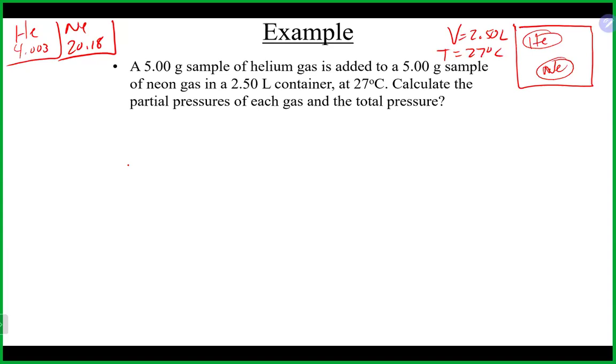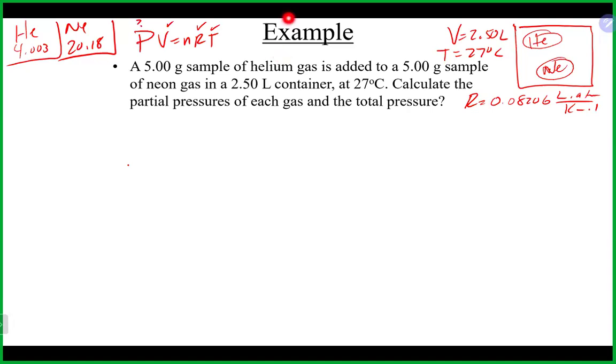So as I mentioned before, probably the most common way to get partial pressures is just to use the ideal gas law. So if we think about the ideal gas law here, we have temperature, we have volume given to us, R, which is a constant, which we always have. So that's again a value we always have available to us. And we're looking for pressure here.